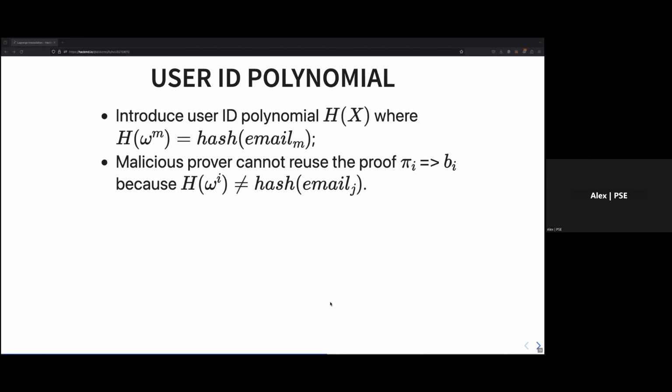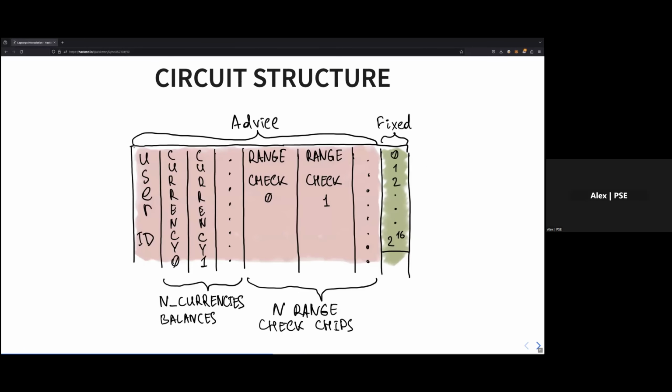What do we do if the number of users exceeds the number of all possible rows? Well, that's a great question. The limit in Halo 2 is 2 to the 26th, and you can only fill 2 to the 26 minus 6 due to some peculiarities of how Halo 2 works.